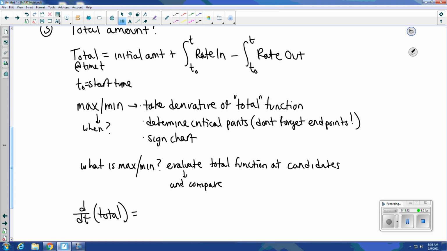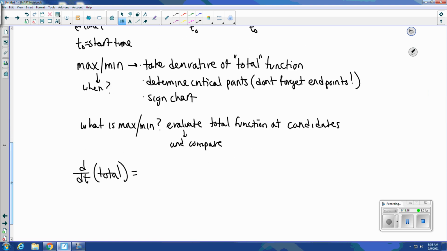The upper bound is going to be the variable. So when you differentiate it, you just get the rate in function at t. So this is often what you get when you take the derivative of that total function. And you want to know when this equals 0 to find your critical points.